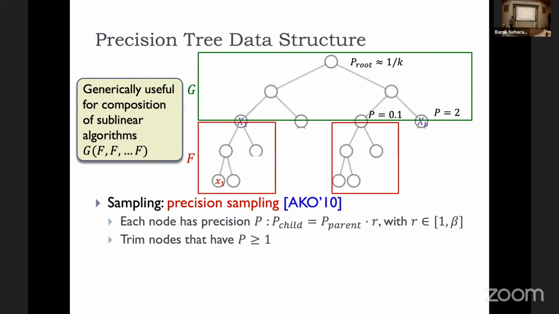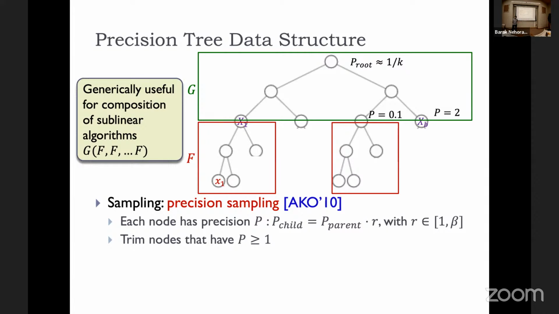And there is a statement that says this precision tree sampling is useful. It can be applied for a certain class of sublinear algorithms, where you have a sublinear algorithm on this G function, the global function, the top part, combined with sublinear algorithms for these F functions, which are the local functions.